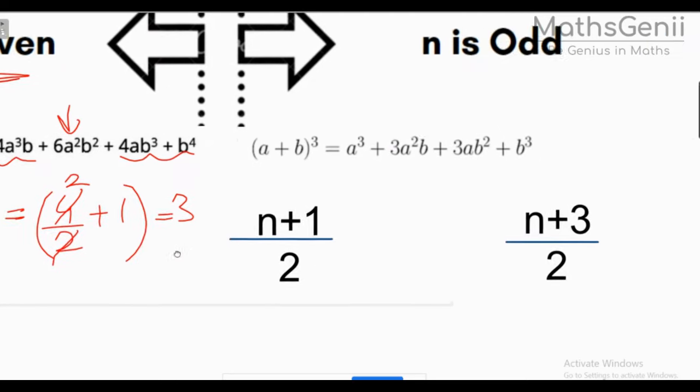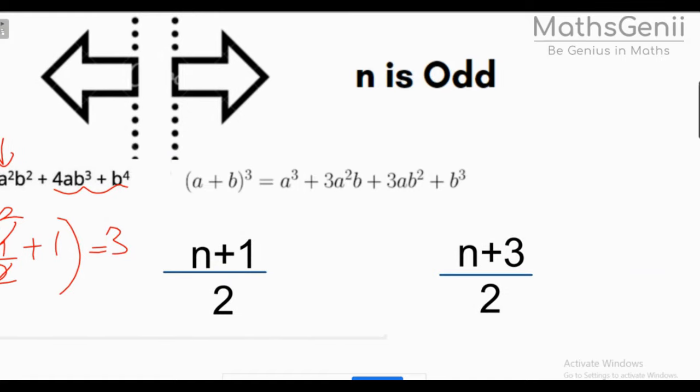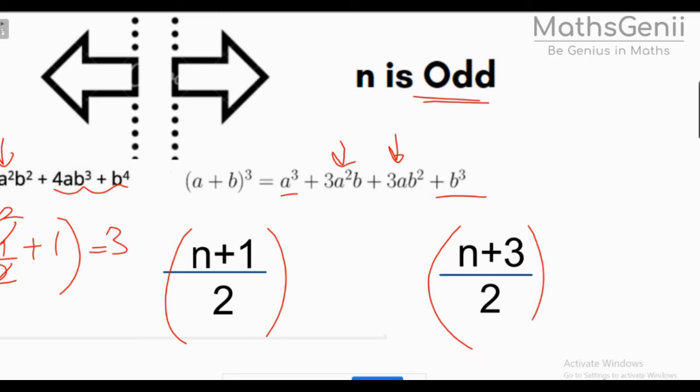How do you find the middle term when n is odd? When n is odd, there are actually two middle terms. The formula is (n plus 1) by 2 and (n plus 3) by 2. In this case, n is 3, an odd number. So (3 plus 1) by 2 is 2, the second term.